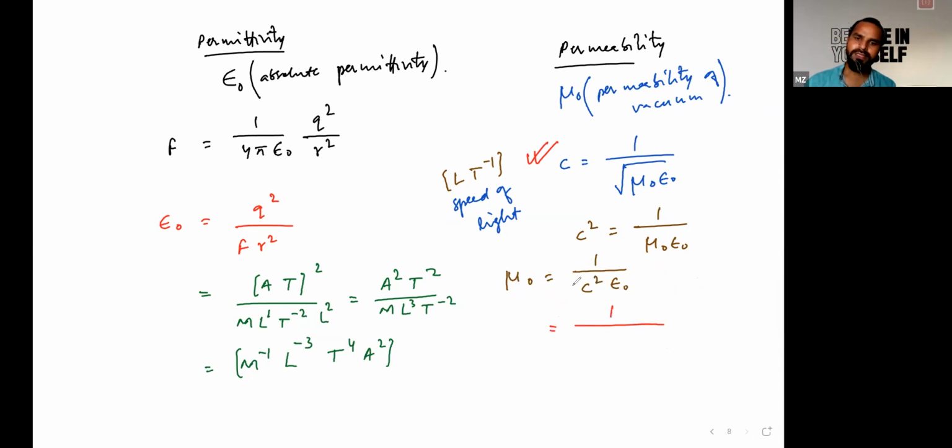Just put c as L T to the power minus 1 and square it. Epsilon naught is nothing but M to the power minus 1, L to the power minus 3, T to the power plus 4, and A to the power 2. So on squaring, it will become 1 divided by L squared.